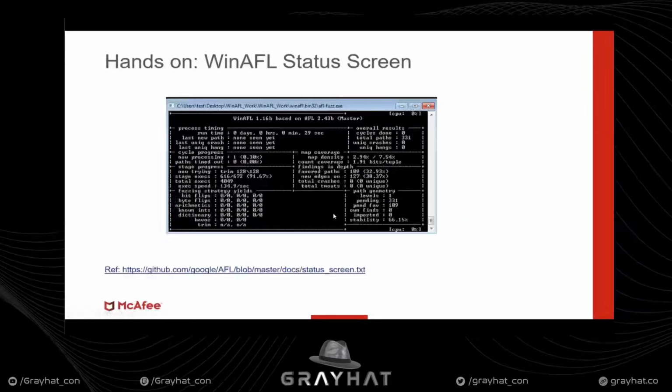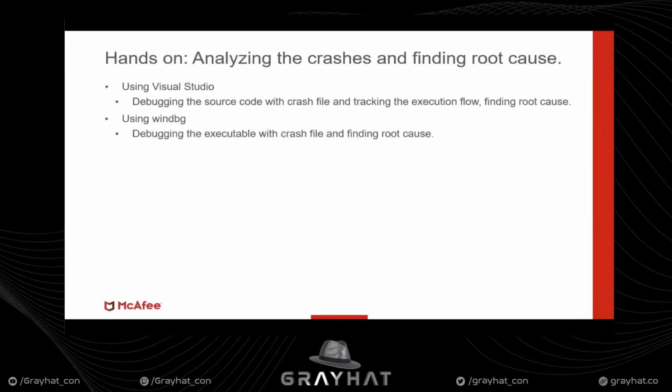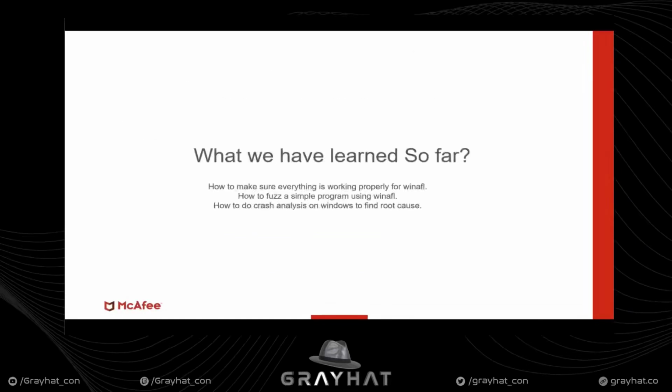So the AFL and WinAFL status screens are the same, so we can skip that. And crash analysis we have already done now. So let's see what we have learned so far. We have seen how to check if everything is working properly under WinAFL, and if our program is getting instrumented properly or not.